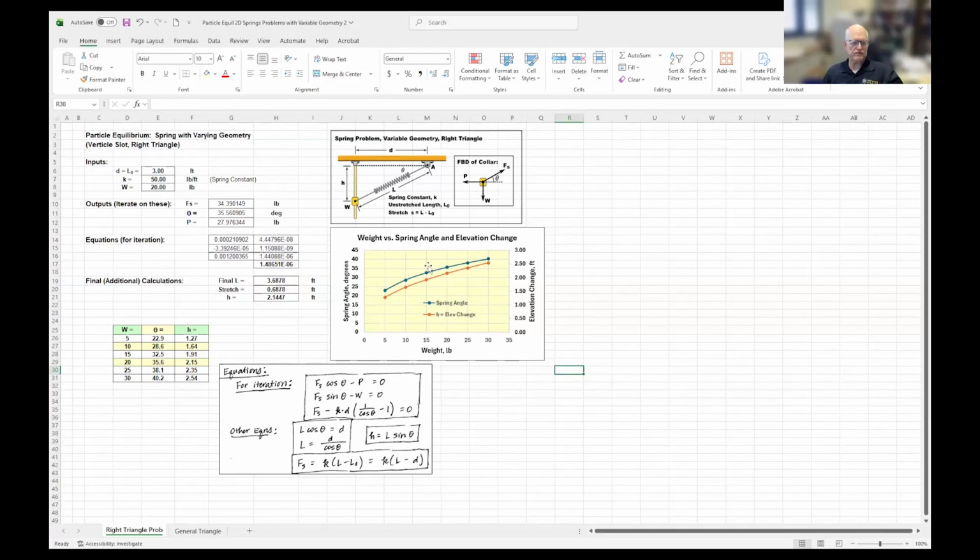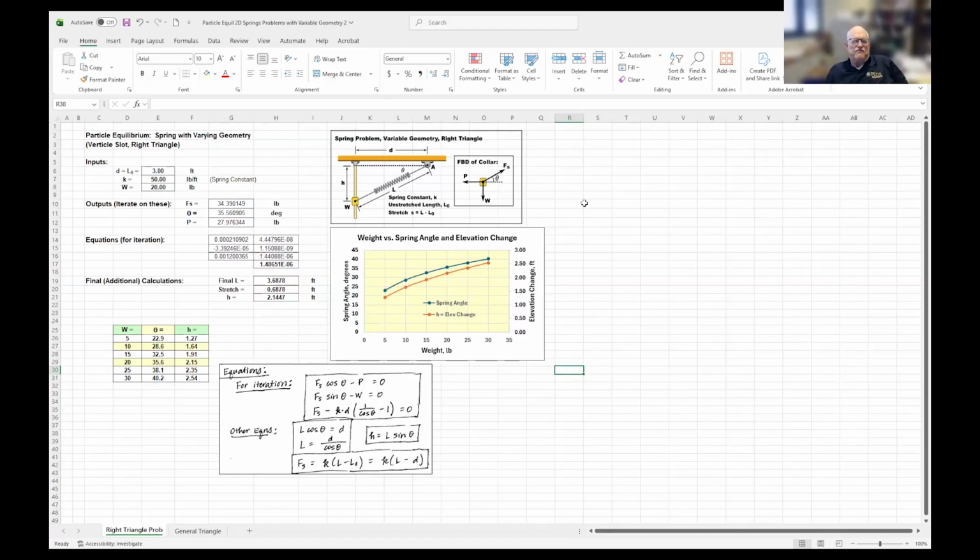Blue is the spring angle, which varied from 22 degrees to 40 degrees. And the orange is the elevation change, which varied from 1.27 feet to 2.54 feet. So it doubled, 1.3 feet to 2.5 feet as it falls. So the larger the weight, the greater the fall. And this is really cool. It's really powerful.